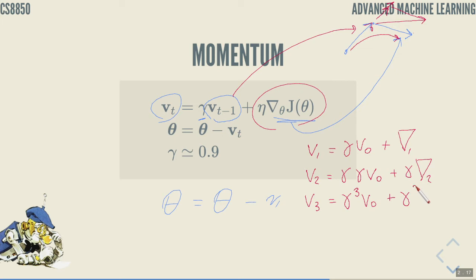Oh no, I think I lost lambda here. Okay, when I plugged it in, I had, okay, that's my mistake. Okay, and then gradient 3.